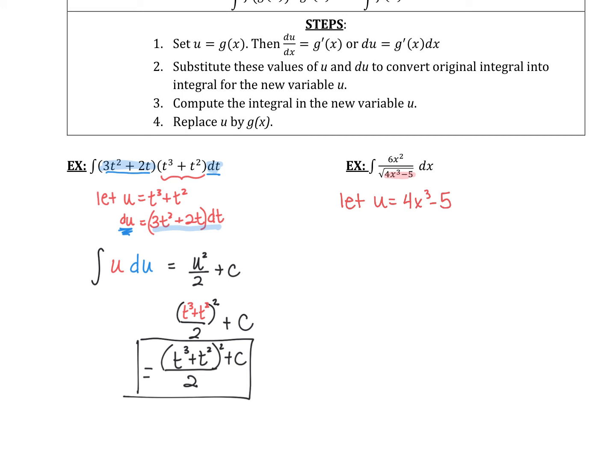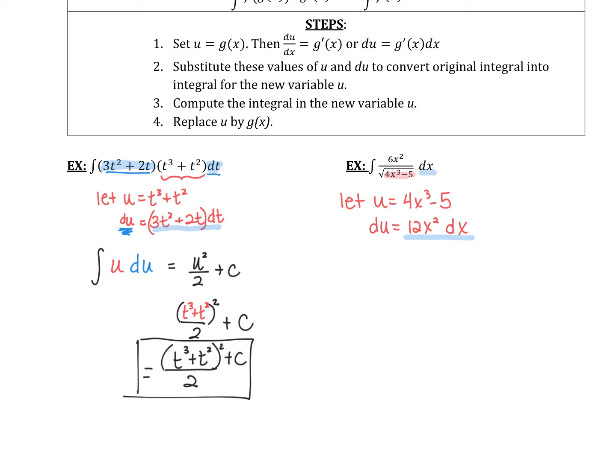And now I'm going to take the derivative of this using that differential form. So du equals 12x squared plus 0 dx. Okay, now like the last one, I'm going to look and say, where is this represented in my original integral? Well, I see the dx part.